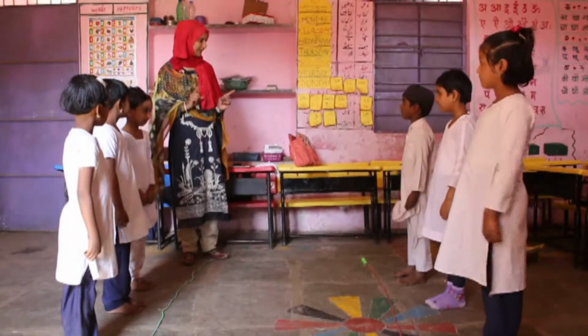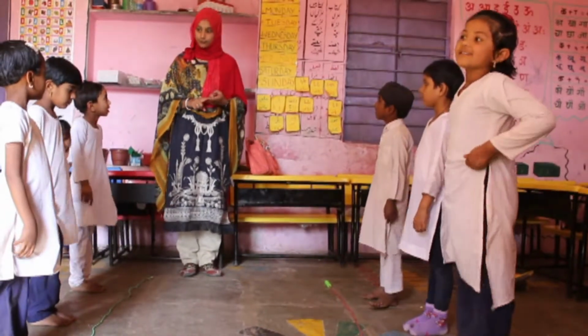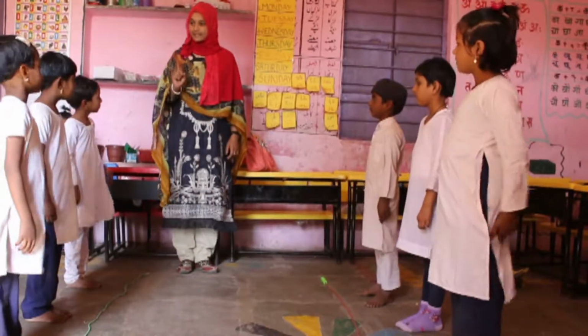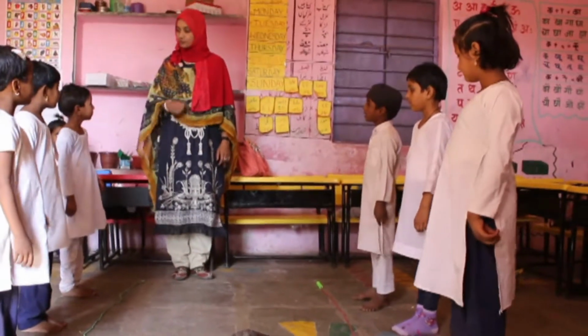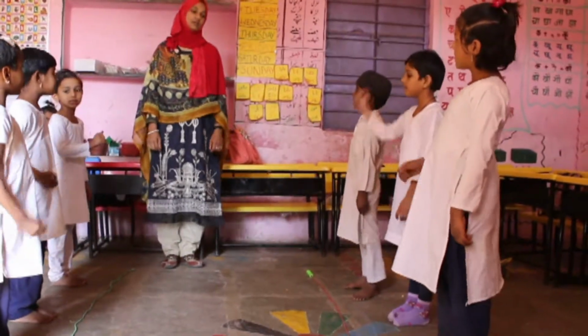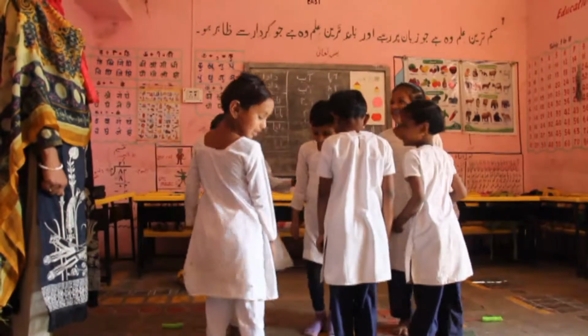Now we will play a game. Listen carefully. If I say the name of a fruit, you have to jump inside. And if I say the name of a vegetable, you have to jump behind the rope. Okay? Yes, please. So, apple. Good.